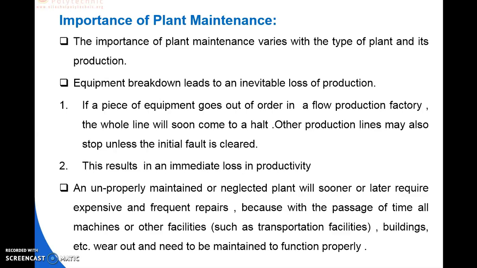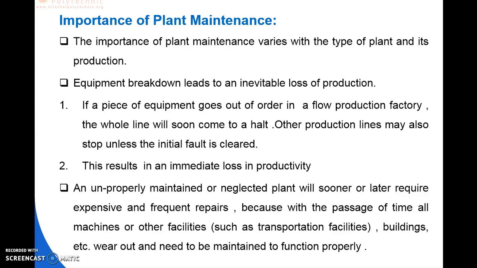If the product is obtained and delivered to the customers in time, that will ensure the profit of the organization. If a piece of equipment goes out of order in a flow production factory, the whole line comes to a halt, and other production lines may also stop until the initial fault is corrected.